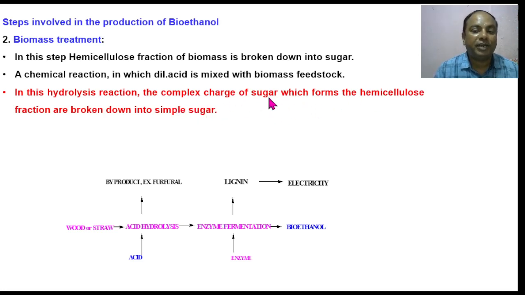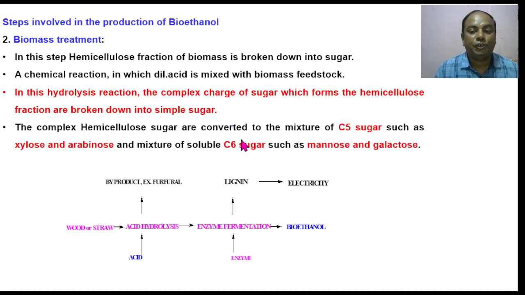The 5 carbon sugar is xylose or arabinose, and the 6 carbon sugar is mannose or galactose. That means hemicellulose is made from either 5 carbon sugar or 6 carbon sugar, or both together. Hemicellulose is a very complex polysaccharide, and when it is hydrolyzed, we get the 5 carbon sugars xylose and arabinose, and the 6 carbon sugars mannose and galactose.